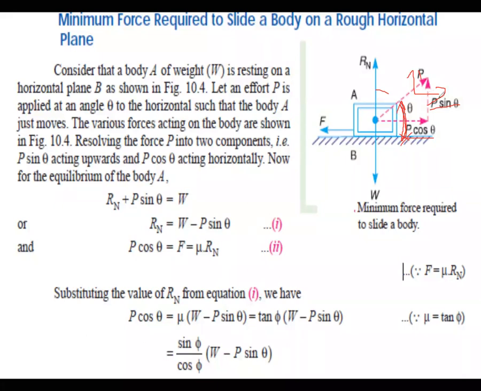Now this is the horizontal and this is the vertical. I'm going to consider equilibrium of horizontal forces because I'm summing the horizontal forces. By summing the horizontal forces, I get one equation. Similarly, by summing the vertical forces, I get another equation.